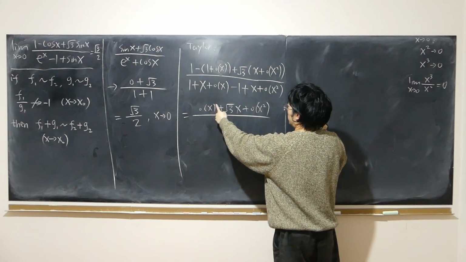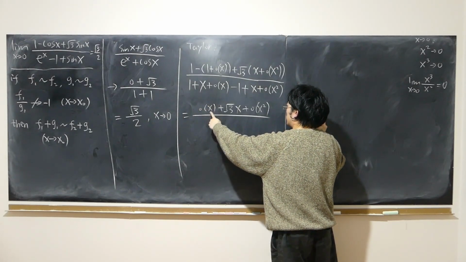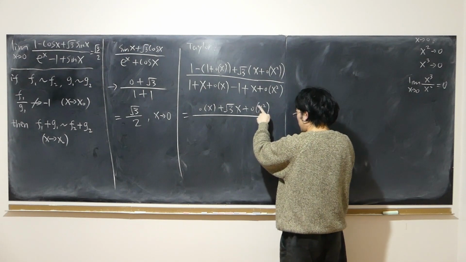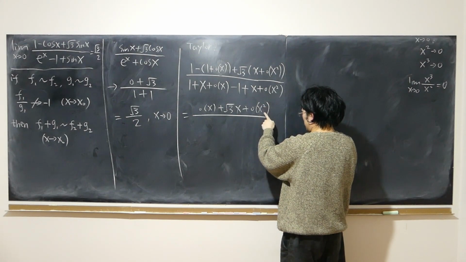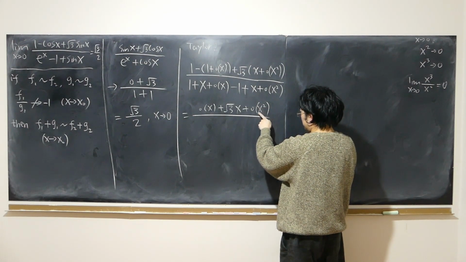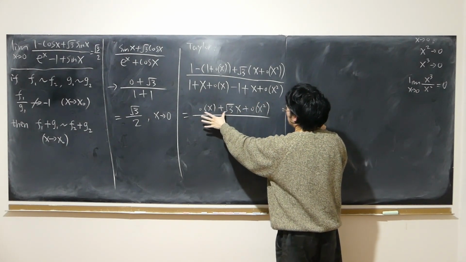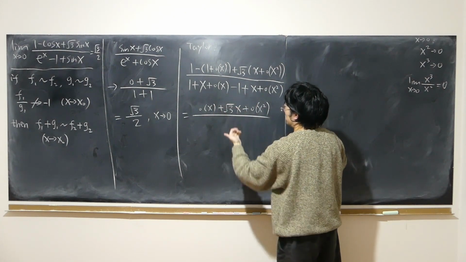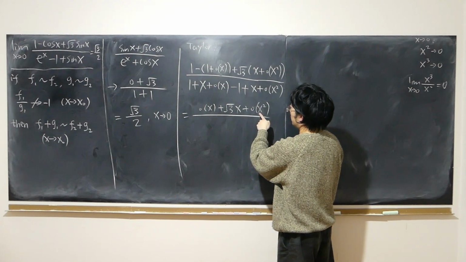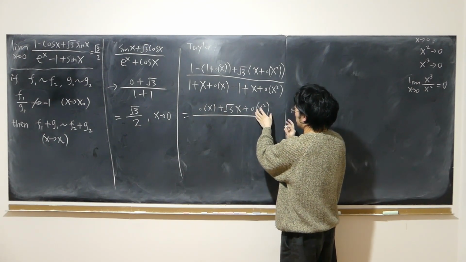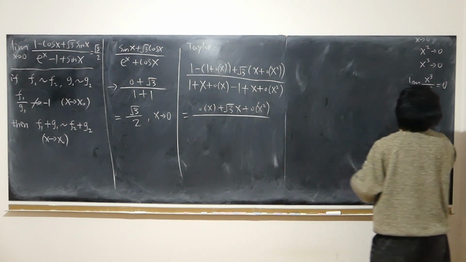Because this function is some infinitesimal approaching 0 slower than this one. This one is some infinitesimal times some higher order infinitesimal, so this one is faster. But in the end, the overall speed is going to be determined by the slowest one. This one is slower than that one, and when you add them up, it's going to hold the other back.